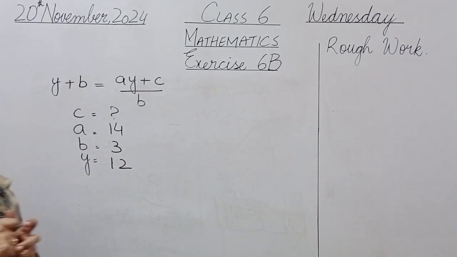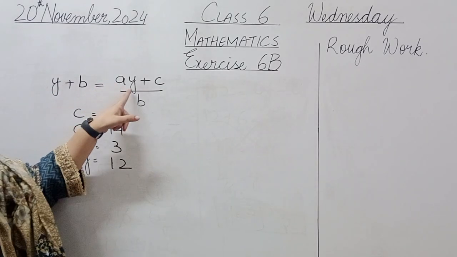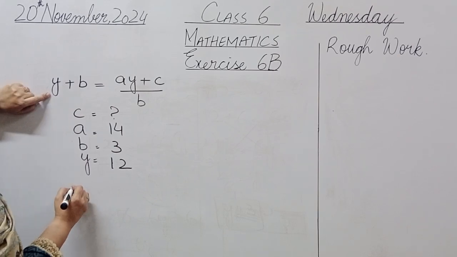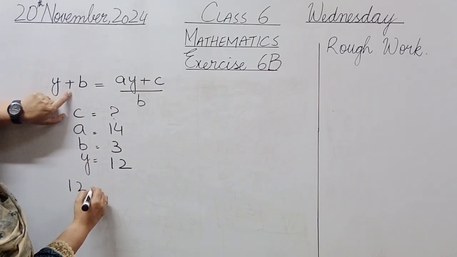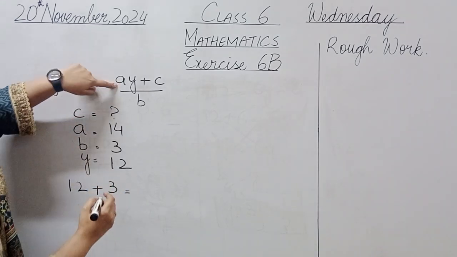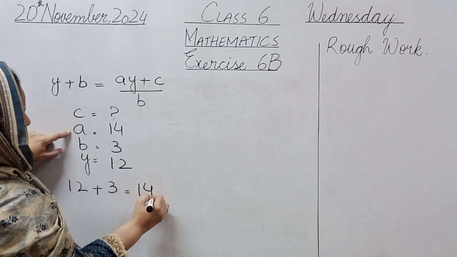What is the next step? Aisha, what is the next step? What are we going to do after this? When we have the values of the variables, what are we going to do now? Exactly, we'll put the values of the variables in the particular places. What is the value of y? 12 plus the value of b, 3, equals the value of a, 14.